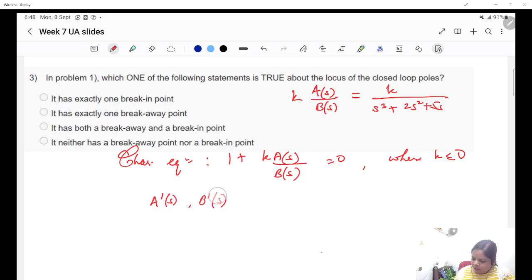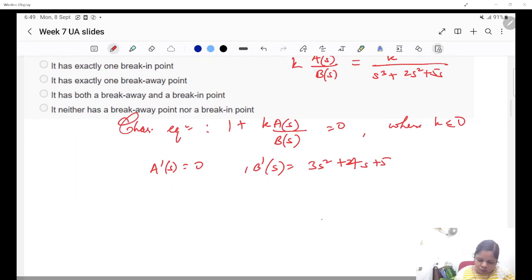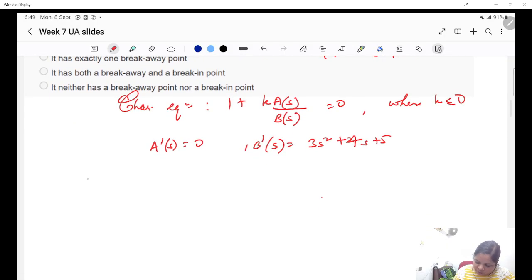So from here, we need to find out what is A dash and what is B dash. If you find A dash, you will directly see that it is 0, because K is a constant. For B dash, it would be 3s square plus 4s plus 5, right? So after this, we have to find B dash(s) into A(s) minus B(s) into A dash(s) equal to 0.